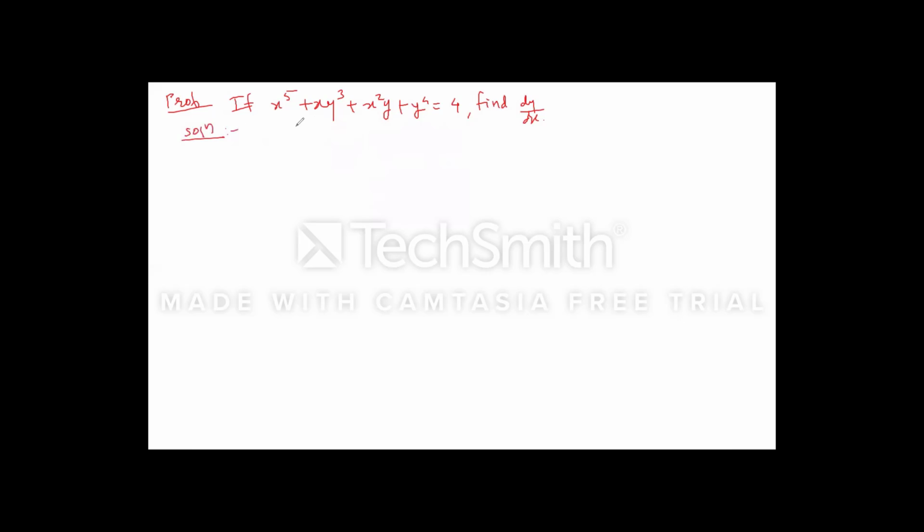First step, differentiate with respect to x. So what is the derivative of x raised to 5? 5x raised to 4 is the derivative.